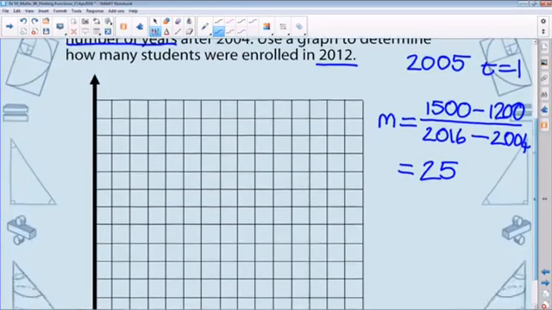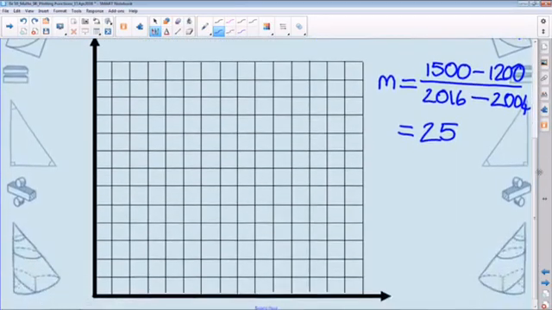Okay, so going back to our graph, let's start with, let's just make this 200, and then we've got 400, 600, 800, 1,000, and then 1,200.